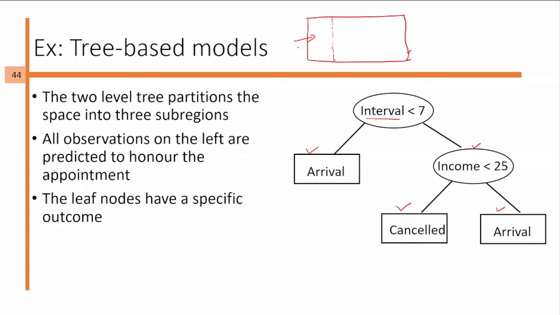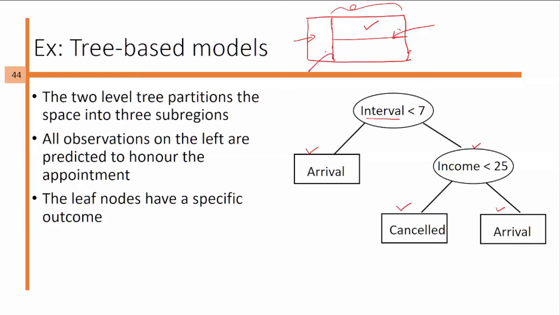If the interval is not less than 7, then they may not keep the appointment, so I need to look at the income. Then I look at this part of the search space, and this is my line for income, for example. Income less than 25 is cancelled. Income more than 25, it keeps the appointment. So this is how we divide the search space into rectangles using the features.